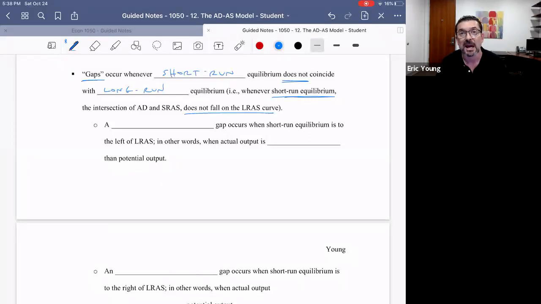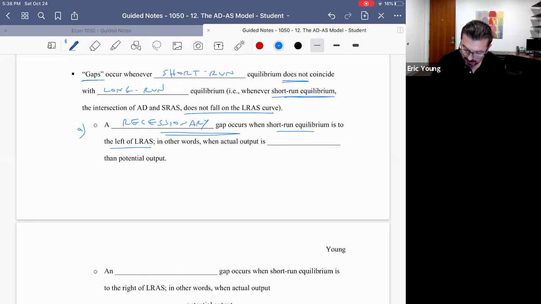And these two types of gaps also represent our two big economic problems of boom and bust, of recession and excessive expansion, of unemployment and inflation. Let's define them. Our first gap is a recessionary gap. A recessionary gap occurs anytime your short-run equilibrium falls to the left of the LRAS curve.